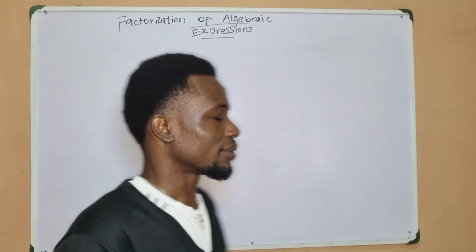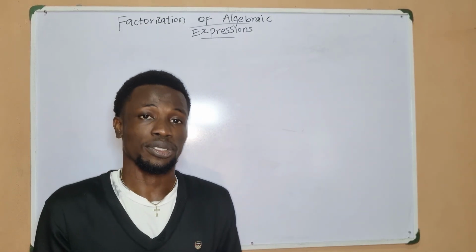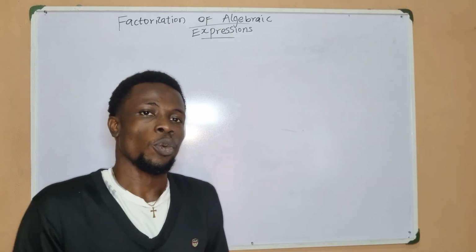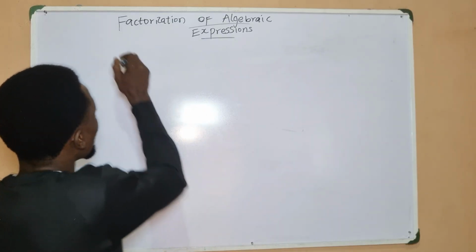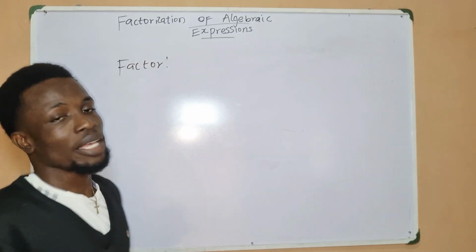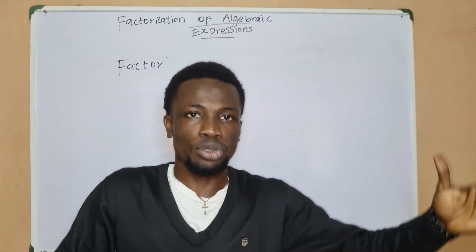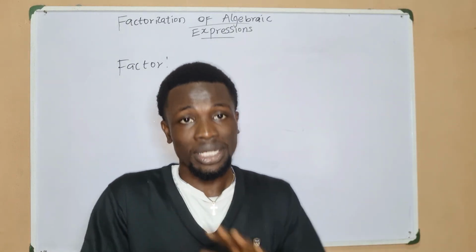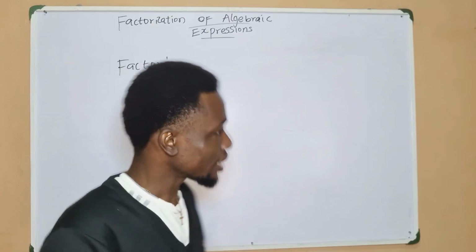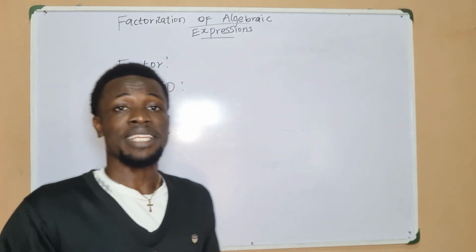Now let's get started. Before we can start discussing factorization of algebraic expressions, we need to first understand what a factor is. A factor in mathematics is a number or a term that can divide through another term without leaving any remainder. For instance, if you have 10 as a number, I want to find the factors of 10.